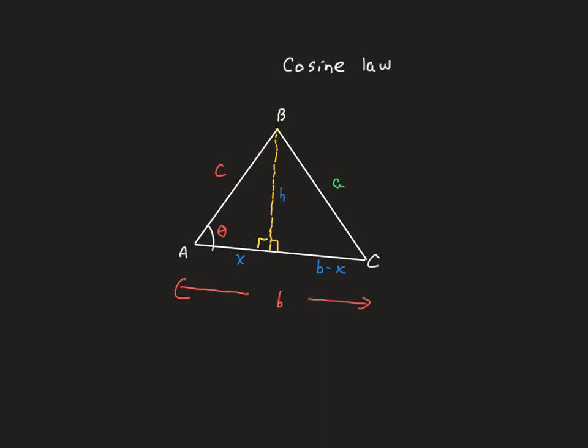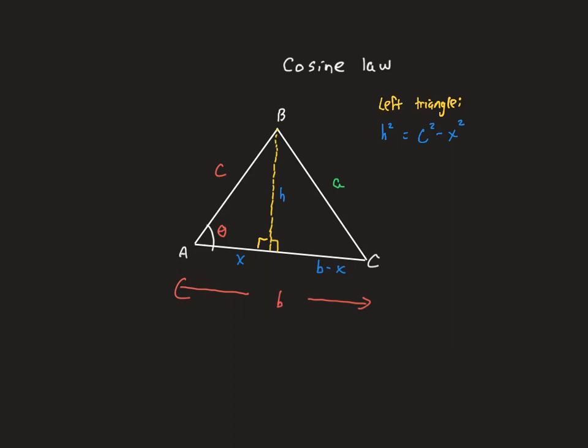So for the left triangle, you're going to have h squared is equal to c squared minus x squared. This is, of course, because I want to try to solve what h is. And in my original diagram, I know what c is, and I know what b is.